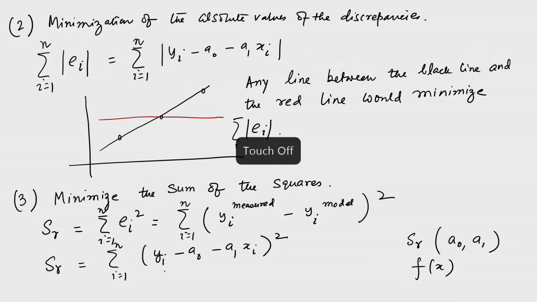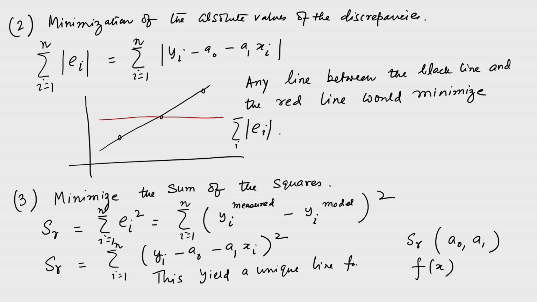So, but before that, let me claim almost a priori that this third strategy yields a unique line for a given set of data points.